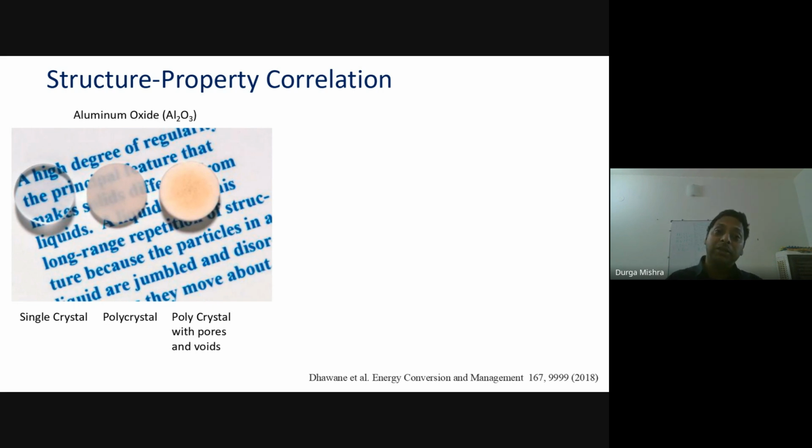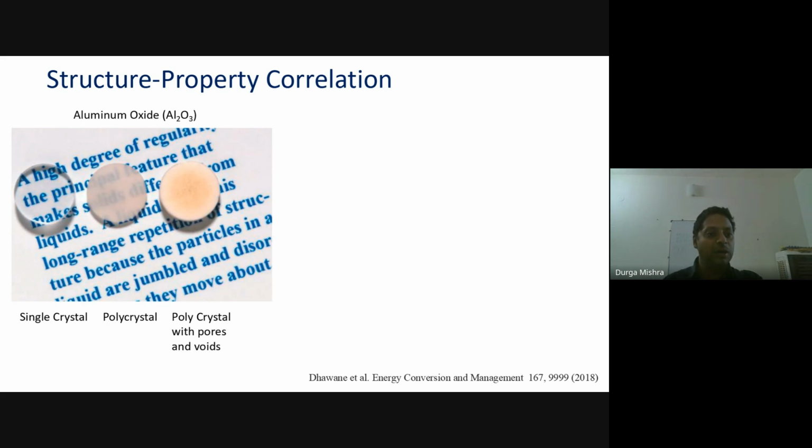That is where the optical properties are different. The material is the same, but there is some underlying structure which is different in the three materials, and that decides the optical properties and makes it transparent or opaque. So what are the structures?